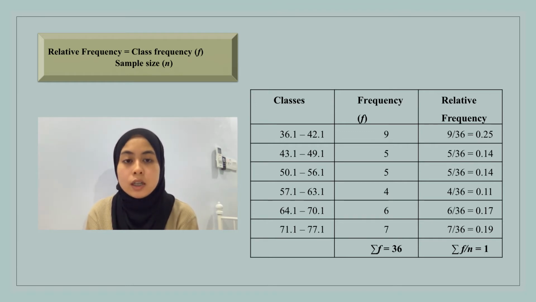As we can see, the class 36.1 to 42.1 is 0.25. The second class is 0.14. The third class 0.14. Fourth class 0.11. Fifth class 0.17, and the last class is 0.19. So the total for relative frequency is 1.